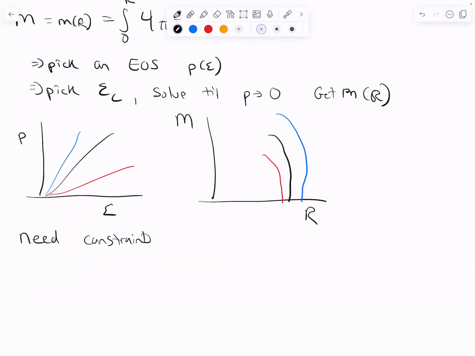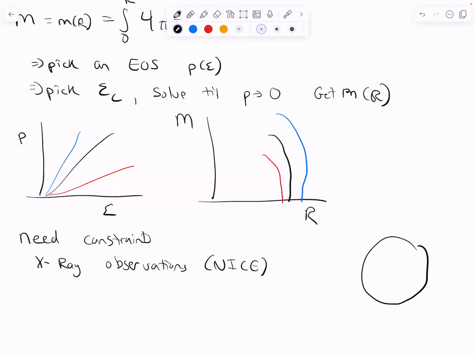We get constraints from X-ray observations. And this is something from NICER specifically. What NICER does is it sits on top of the International Space Station and just stares out at one specific neutron star. It looks at what they call hotspots, something like this, as the neutron star rotates.